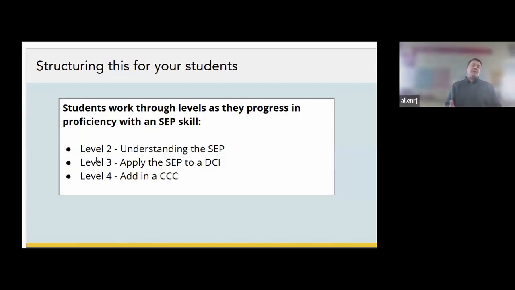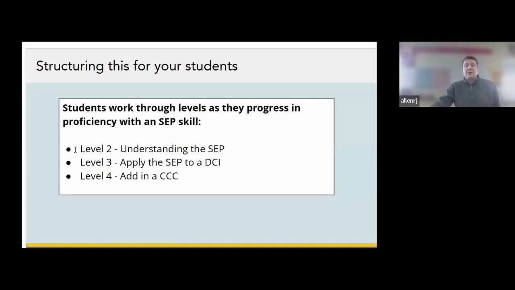And then with the CCCs being very abstract, we add those in for the level 4s. I teach 6th grade, and a lot of that's their brain chemistry isn't ready for abstract thinking quite yet. And so that's more of a level 4, because the CCCs are abstract.